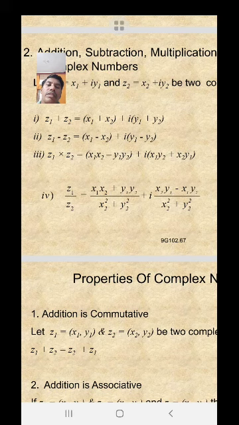Fourth point, z1 by z2 equals x1x2 plus y1y2 by x2 square plus y2 square, plus i of x2y1 minus x1y2 by x2 square plus y2 square.